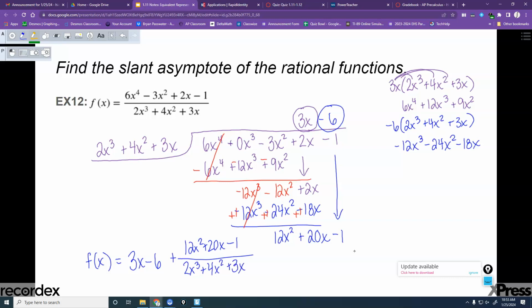But for slant asymptotes, all I need is this first part that's not a fraction, right? So if I didn't even find the remainder for this part, I could still get the slant asymptote for that. So my slant asymptote would be y equals 3x minus 6.